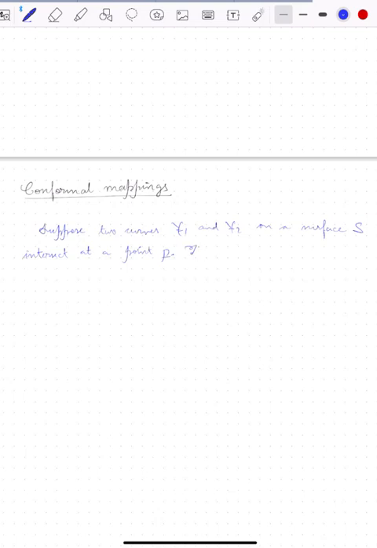Then the angle theta of intersection of gamma 1 and gamma 2 at P vector.